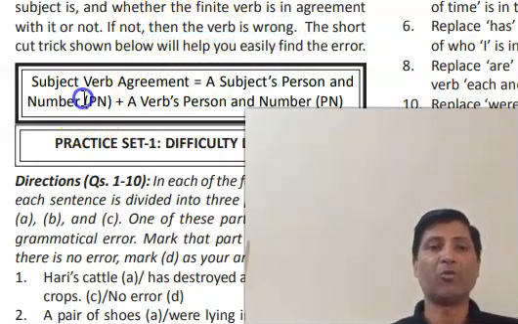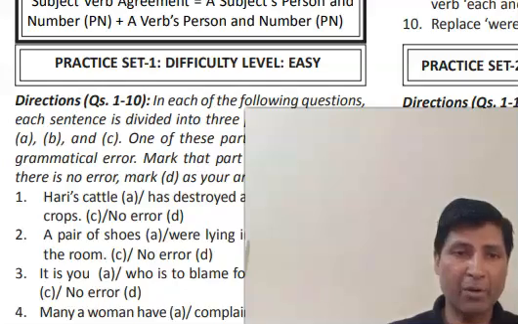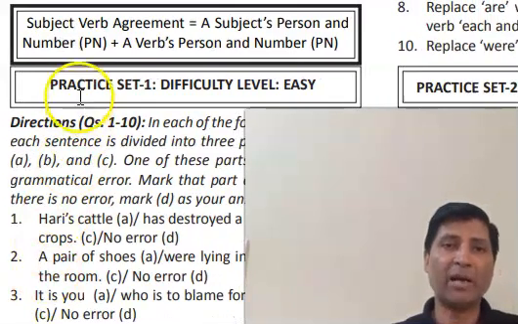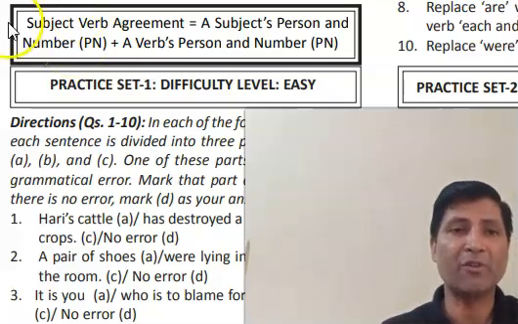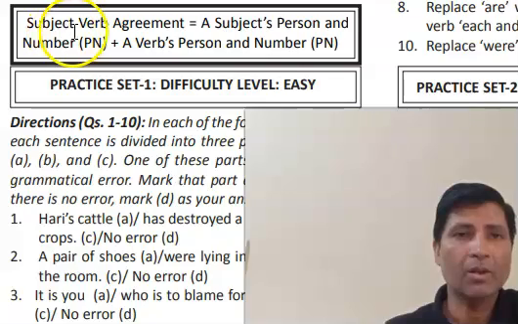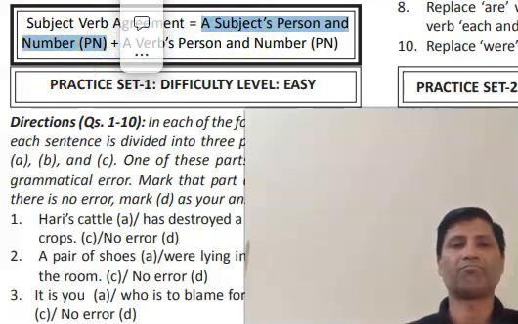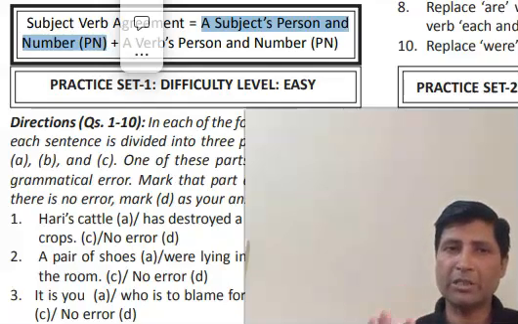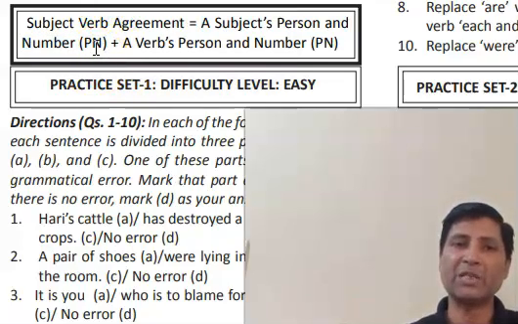The shortcut trick. When I was making this formula in my book, this simple formula took me 7 days. Look at this formula very carefully. Subject-verb agreement is equal to a subject's person and number, PN, where PN stands for person and number, plus a verb's person and number.